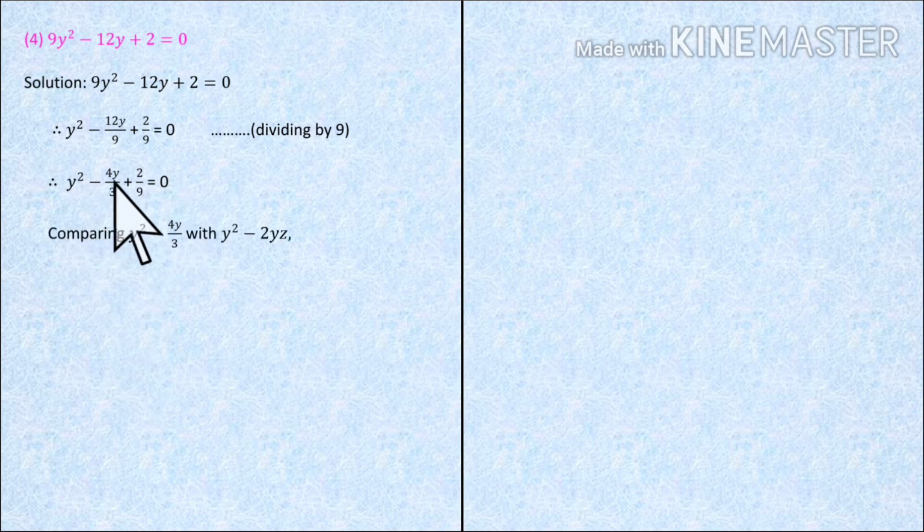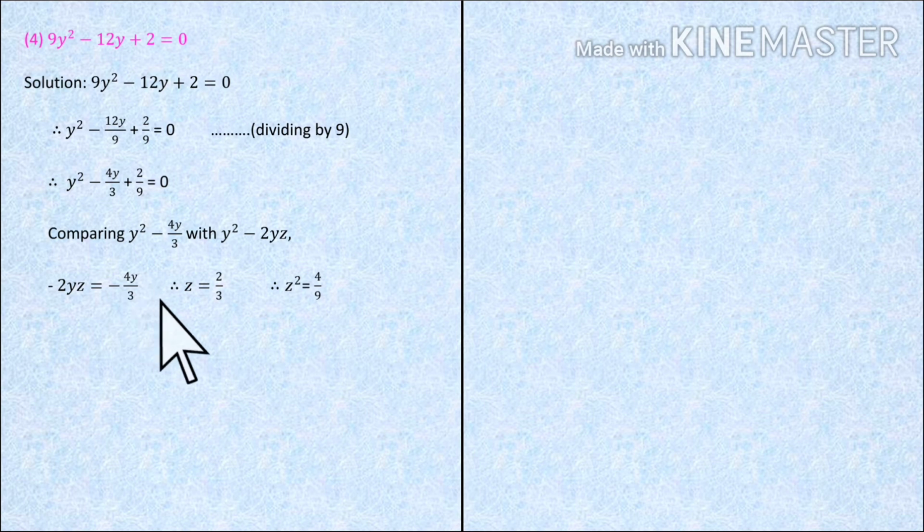Now compare the first two terms of the equation, that is y square minus 4y by 3, with y square minus 2yz. y square cancels, therefore minus 2yz is equal to minus 4y by 3. Minus y cancels. So z is equal to 4 by 3 into 1 by 2. So after dividing by 2, we get z is equal to 2 by 3.